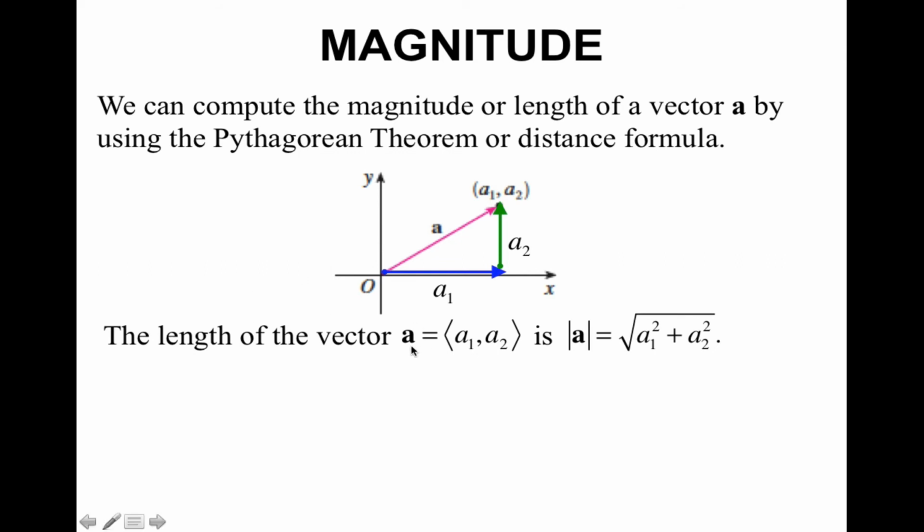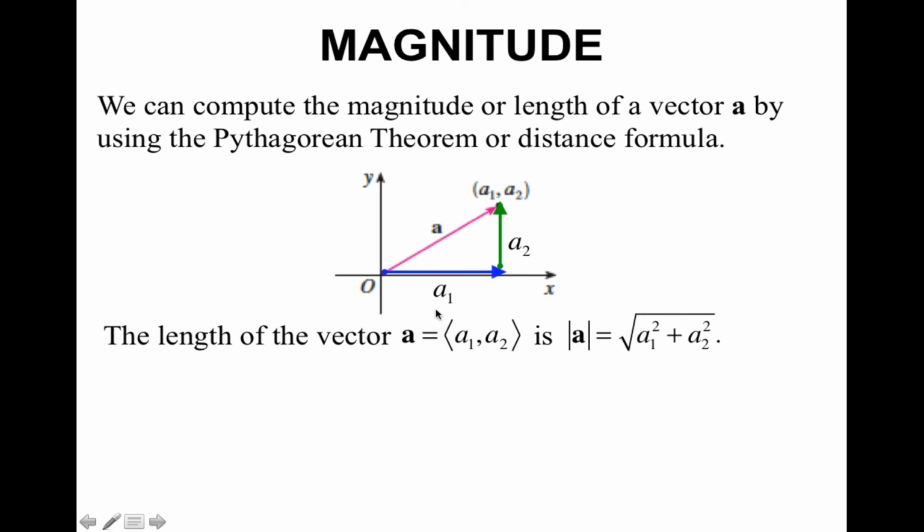Now the length of the vector A is this distance right here. If you notice, I formed a right triangle when I put the horizontal and vertical components on. I can use the Pythagorean theorem to find the magnitude, or the length.